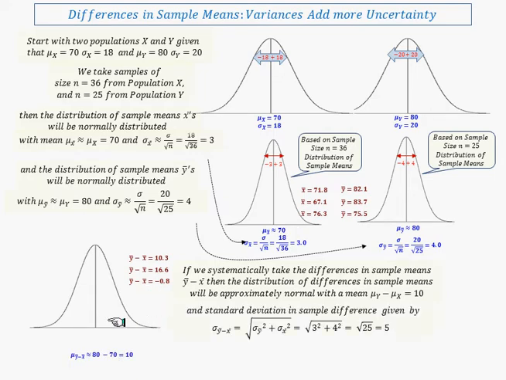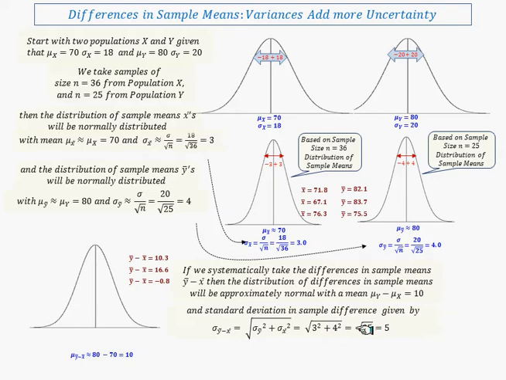The standard deviation, the variability here in the differences, is given by the square root of the sum of the squared standard deviations. These are called variances. The variance in y plus variance in x, or 3 squared plus 4 squared, giving you the square.